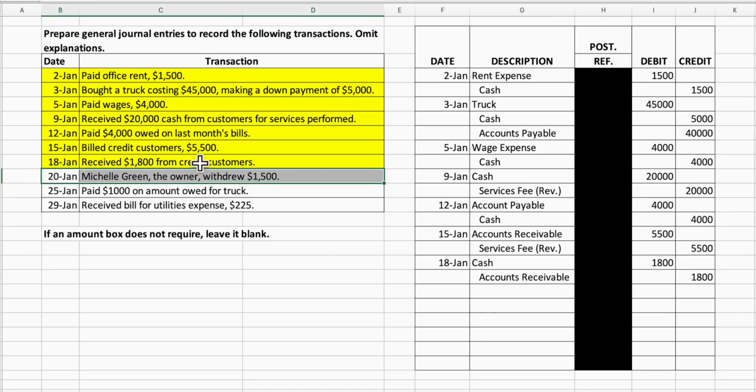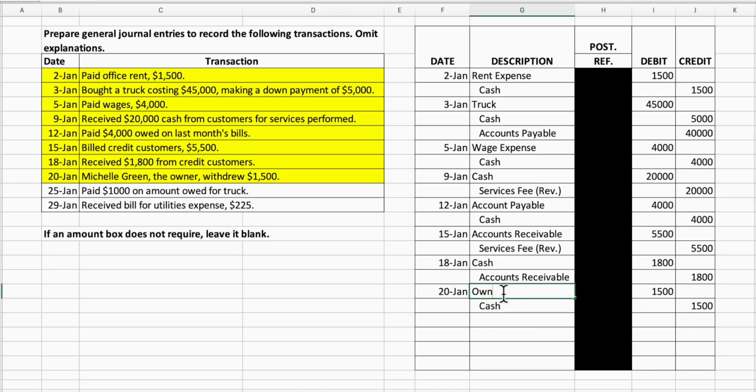Okay, on to January 20th. For the January 20th entry, Michelle Green, who's the owner of this company, took out an owner's draw. She withdrew $1,500. So the amount is $1,500. To take that out, she had to take out cash. She was given cash.